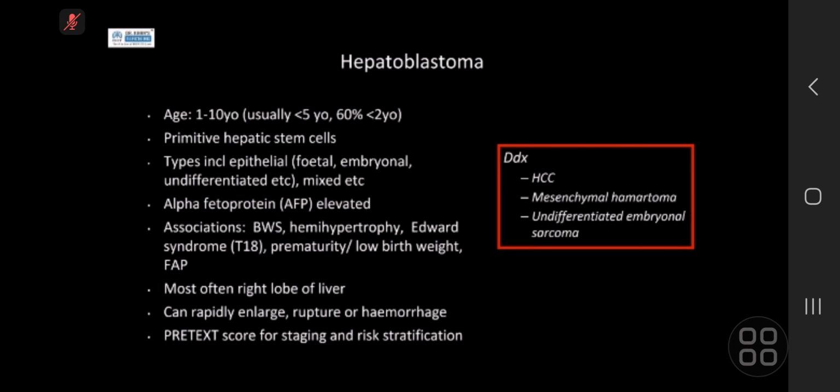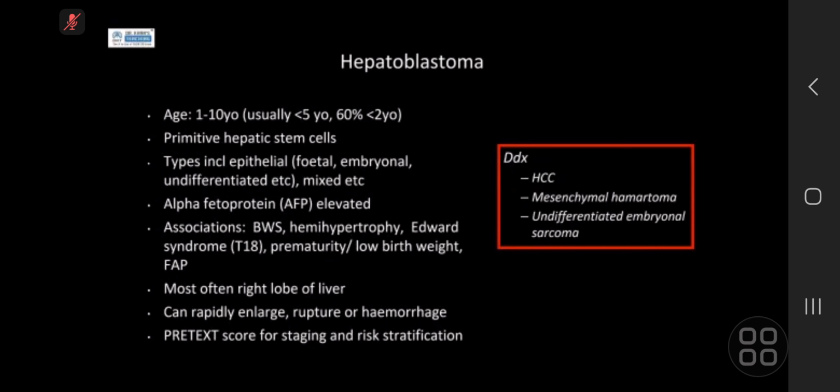And an important thing here is that in the oncological centers, they often do what we call PRETEXT staging. You use the PRETEXT score for staging and risk stratification. And what you look at is where the tumor is involved, the number of segments.